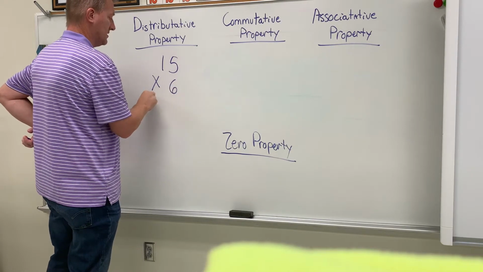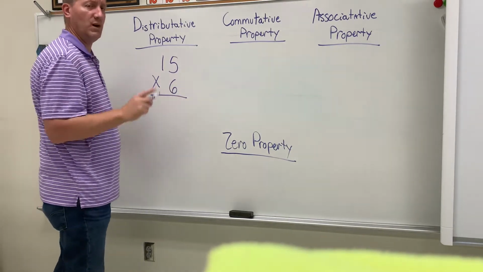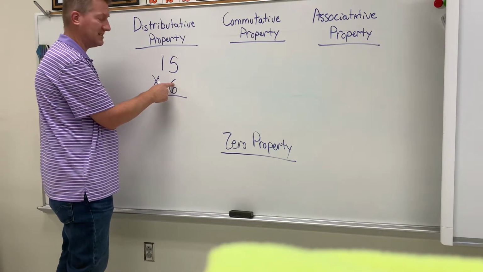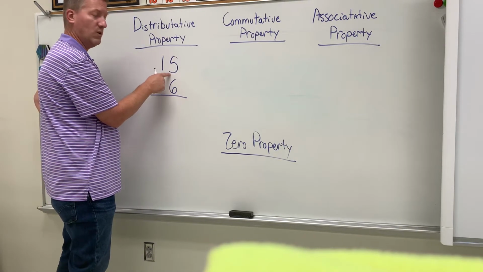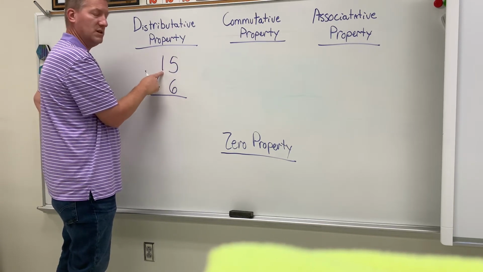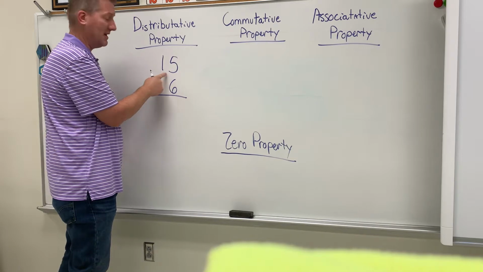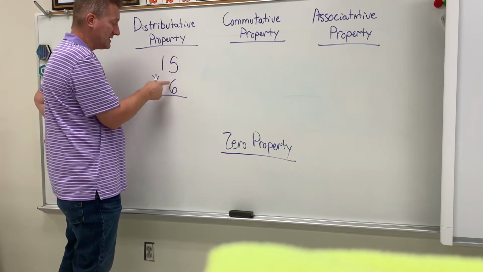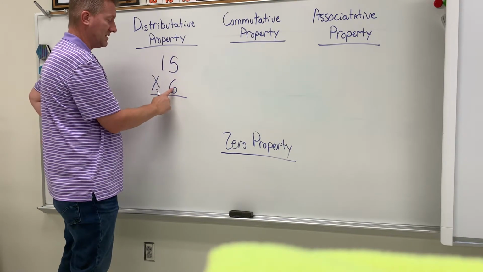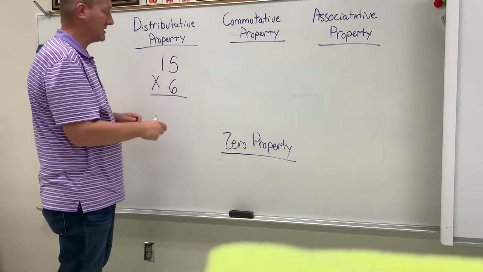let's do 6. Okay. What it's saying in the distributive property is I'm going to multiply this digit by the ones place up here, the 5, and then I'm going to multiply it by the 1 in the 10 spot. So first times this, then I'm going to multiply it times this.